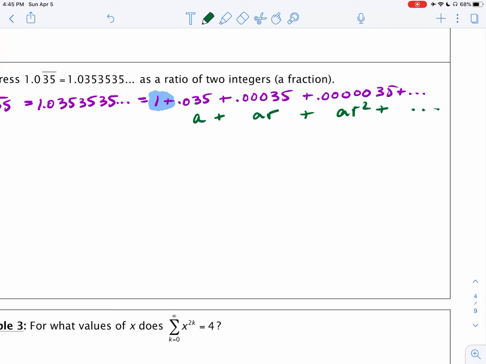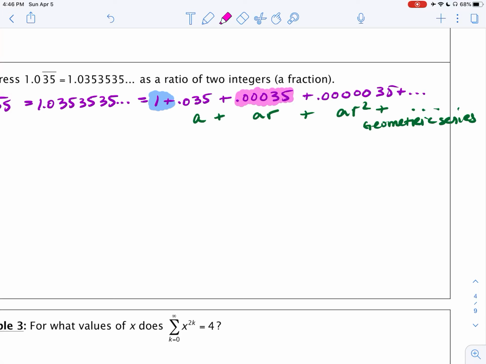So this would be my geometric series. And we can verify that if the absolute value of r is less than 1, then we know that our sum is going to converge to a over 1 minus r. So now I'm going to start rewriting these in terms of an a times an r.